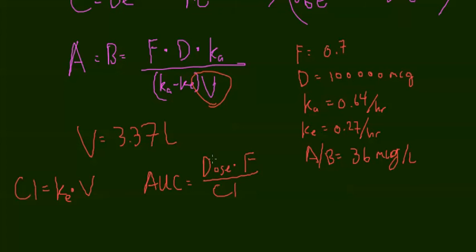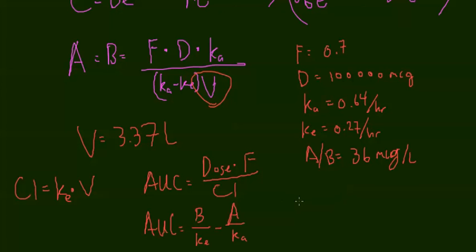We just found clearance, dose is, you know, that, F is that. Or there's another equation for AUC for extravascular only. It doesn't apply to IV two compartment. It is big B over KE minus A over KA, and we know B and A are equal, so we can do that.